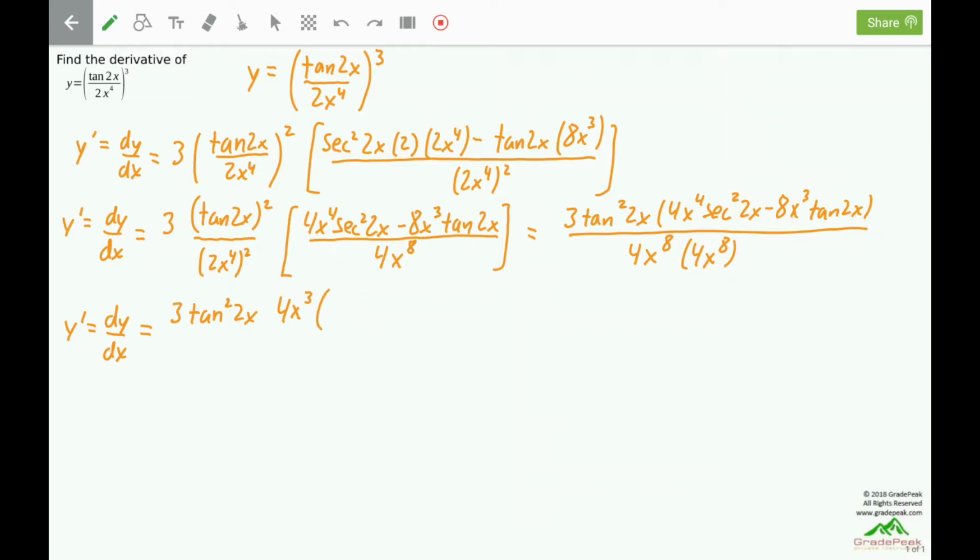If we take out a 4, that's going to be left with a 1, and that'll become a 2. And if we take out x cubed, we'll take out 3 of the 4 here, and we'll take out all of these. So we should have that left. It looks like we'll have x secant squared of 2x minus 2 tangent of 2x.